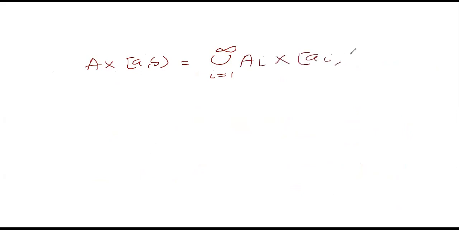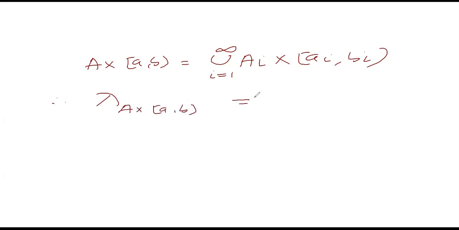It's the disjoint union of a cross b, a cross ab. It's the disjoint union, i runs from 1 to infinity. That is, this union is equal to a cross ab. This is our notation for this union: ai cross ai bi, and they are disjoint. So what's the characteristic function of this a cross ab?